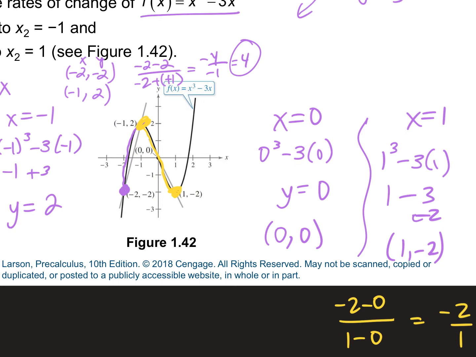So on a test or a quiz, I'll just give you a function and 2 x values. You have to plug the x values in to find the y, then use y2 minus y1 over x2 minus x1 to find the average rate of change over that given interval. Absolutely nothing mathematically new in that. You guys have done slope a gajillion times.